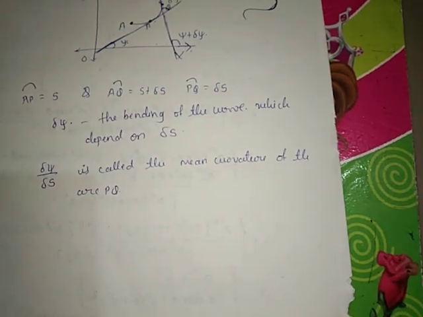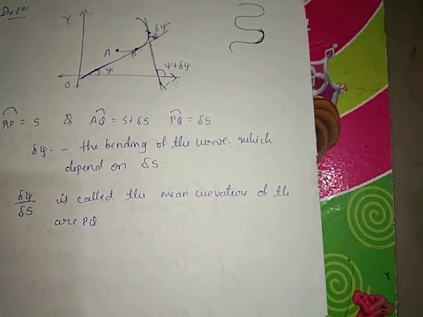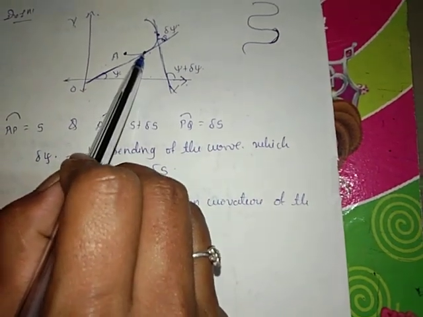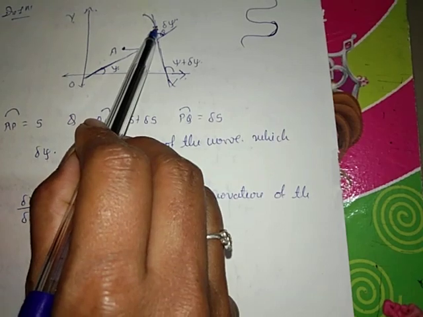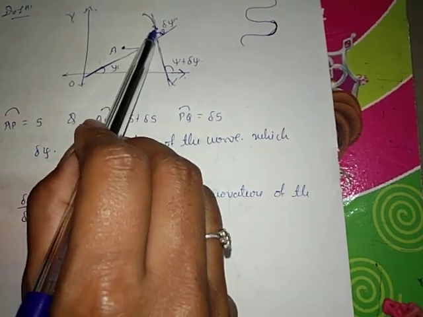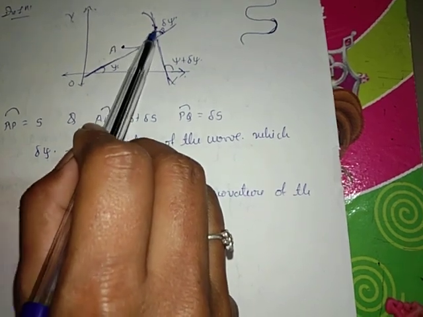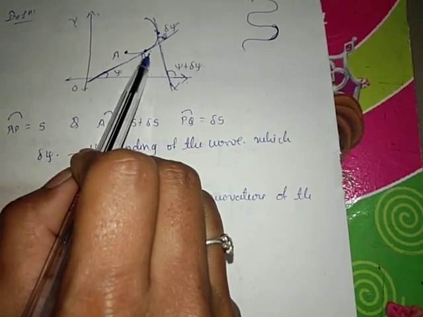Also, the amount of bending of the curve at P, how much the curve is bending at this point, is called the curvature of the curve.